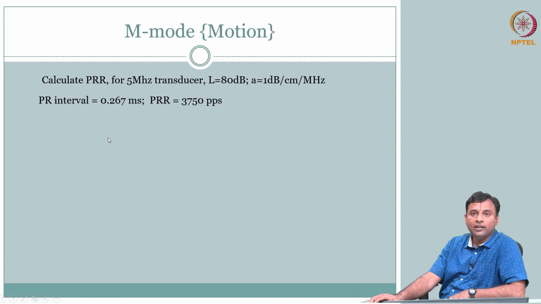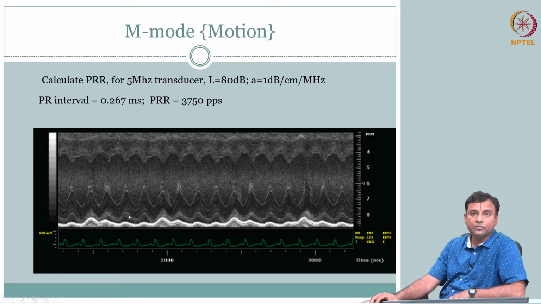How will it look if I do it such that along the path there is a heart or something that is moving? You will get an image. This is one A line. So what is the difference? In amplitude mode, I showed you the envelope.